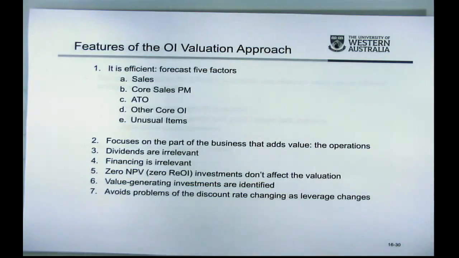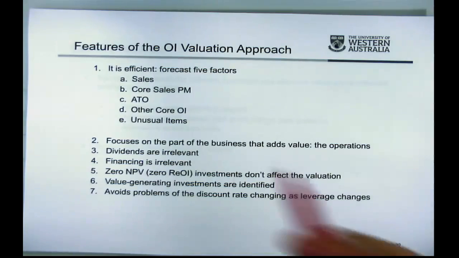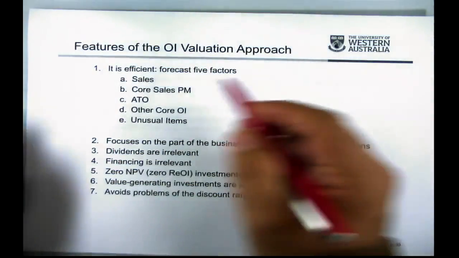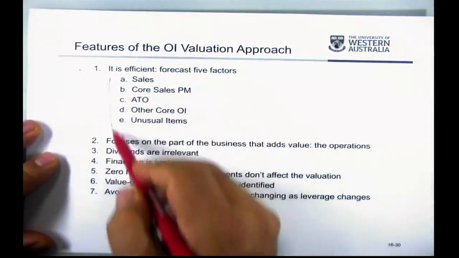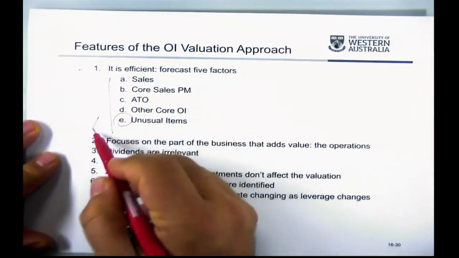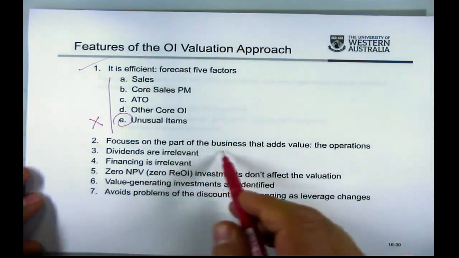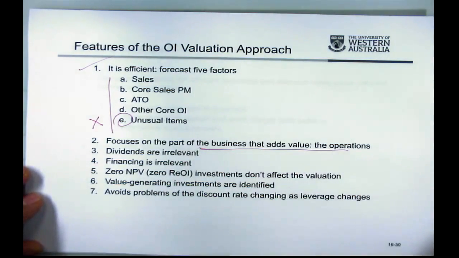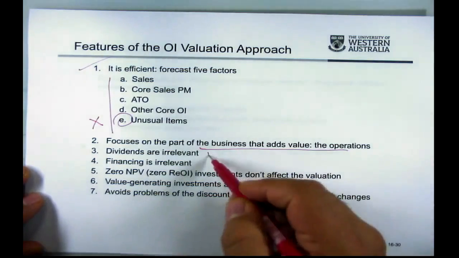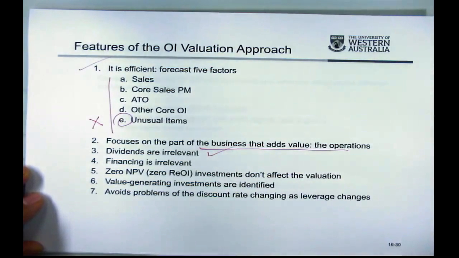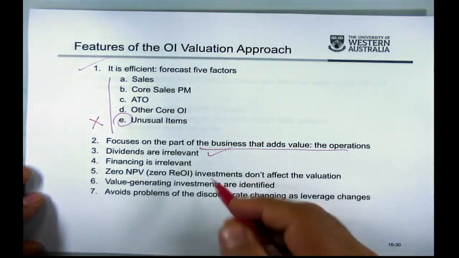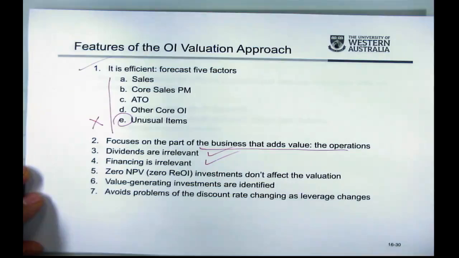So the features of the operating income valuation approach: it is efficient. We need these factors. Again, this one, remember, can be ignored. It also focuses on the part of the business that adds value, the operations. Dividends are irrelevant to the valuation. We do not need them in the valuation. Financing also is irrelevant.